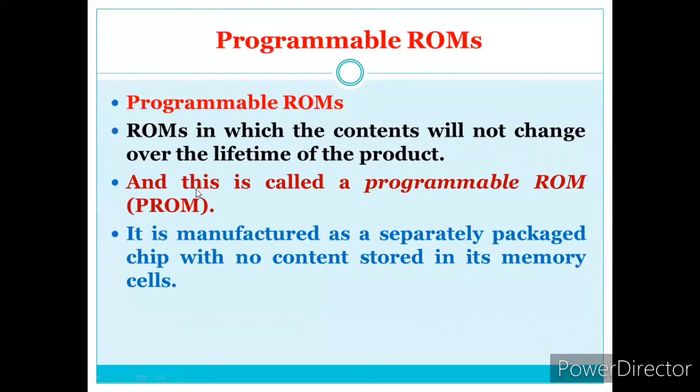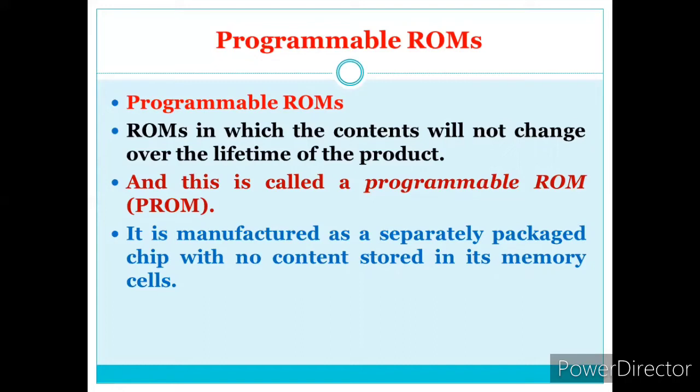Now let us see another one, the programmable ROM. Programmable ROM means it can be programmed. It is a ROM in which the content will not change over the lifetime of the product. In simple terms, the data is stored in that particular memory and maintained throughout its lifespan, and that's why it is called programmable read-only memory.